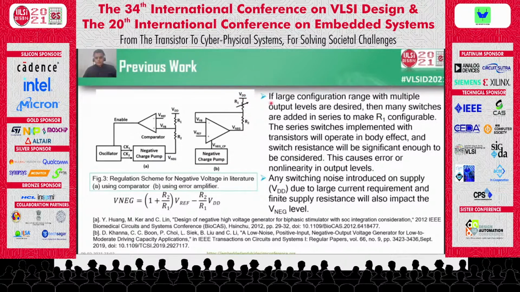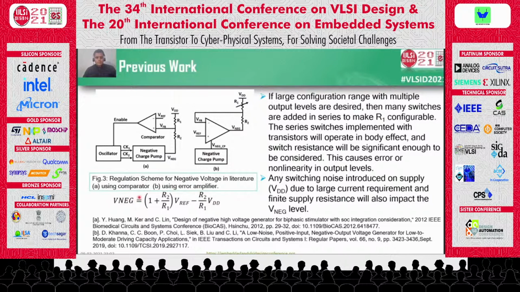If we use a large configuration range with multiple output levels, then many switches are added in series to make R1 configurable. These series switches implemented with transistors will operate in body effect, and switch resistance will be significant enough to be considered. This will cause an error in the negative voltage required. Also, here we can see that VNAG is directly dependent on VDD. Any switching noise introduced on supply due to large current requirements and finite supply resistance will also impact the VNAG value.